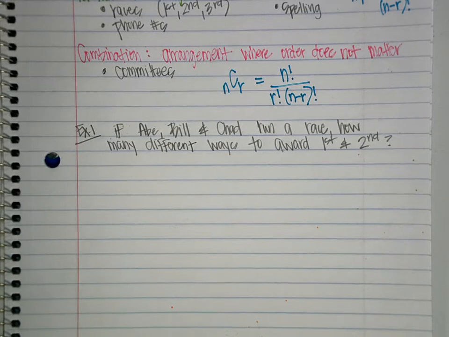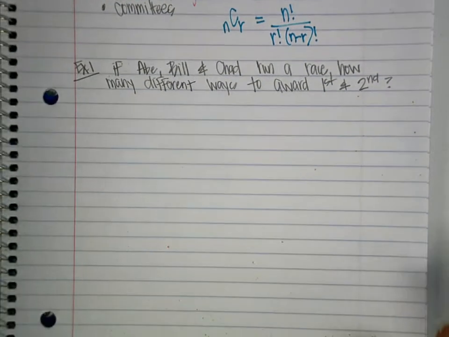How many different ways are there to award first and second place?